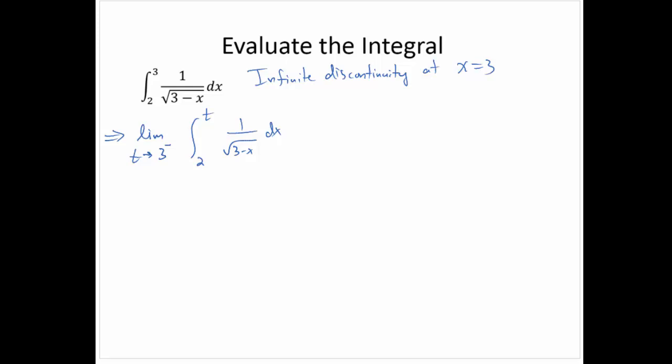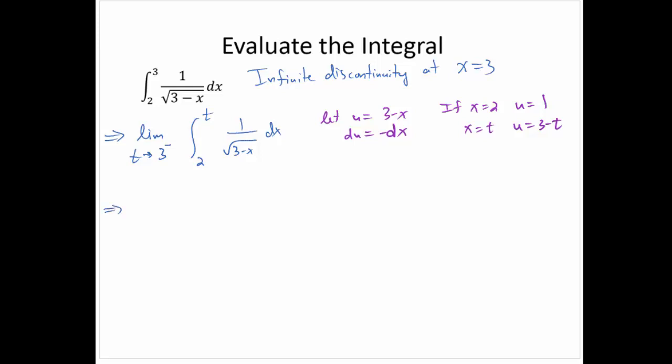This looks like a good place for a substitution, so I will let u equal 3 minus x, then du is negative dx, and if x equals 2, u equals 1, and if x equals t, u equals 3 minus t.